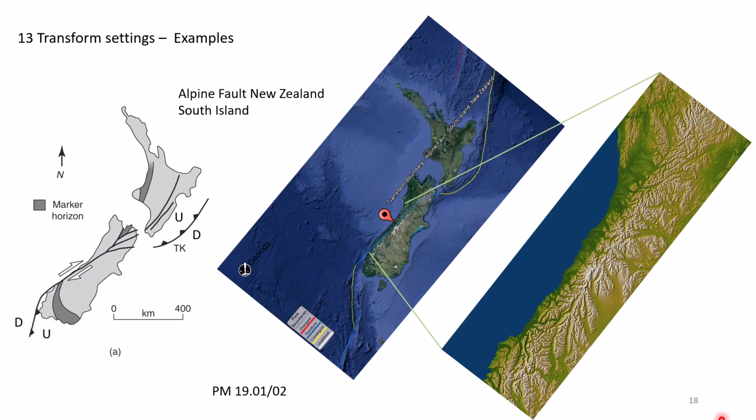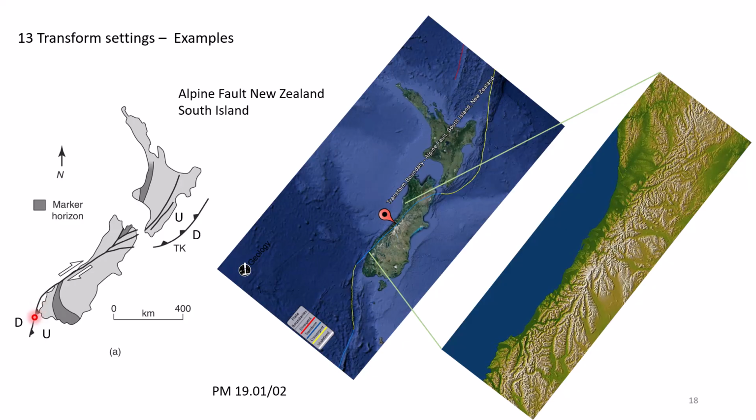We see here a very simplified structural map of the North and the South Island of New Zealand. And we find here a subduction zone in the north where the Pacific plate in the east is subducted underneath the Australia plate in the west.